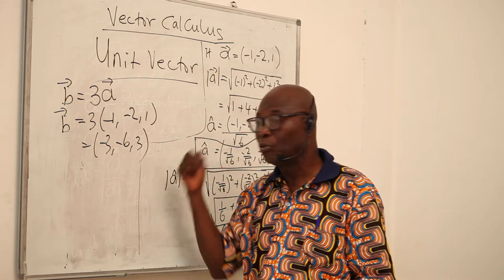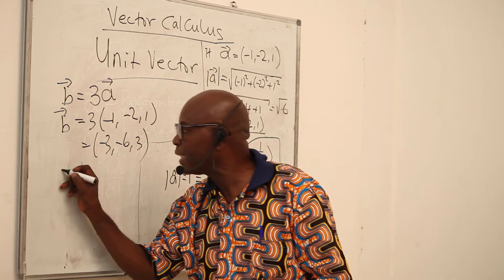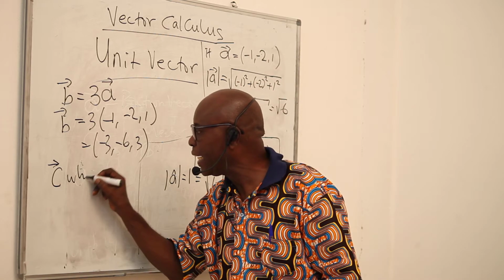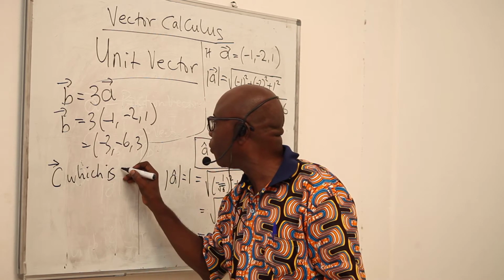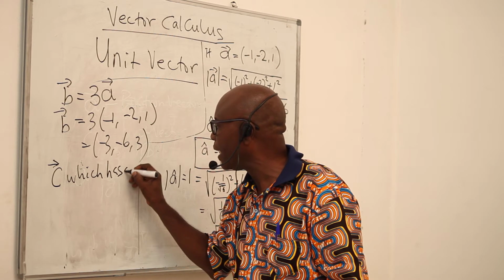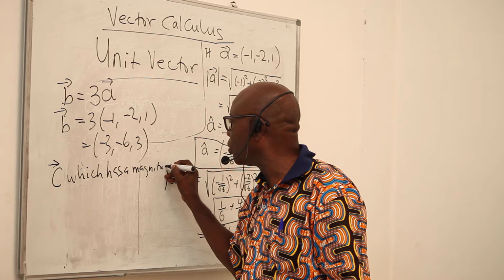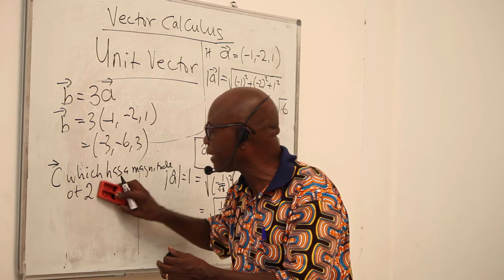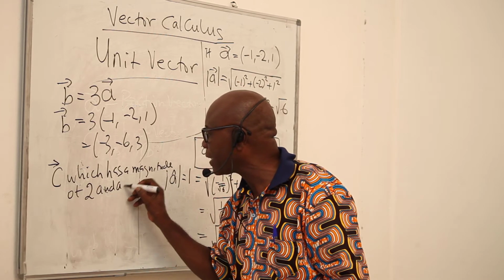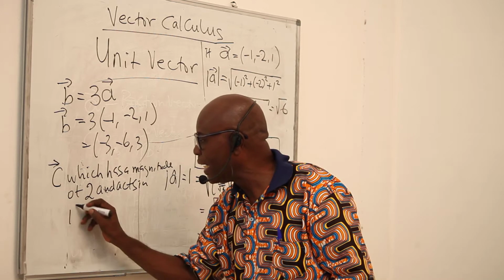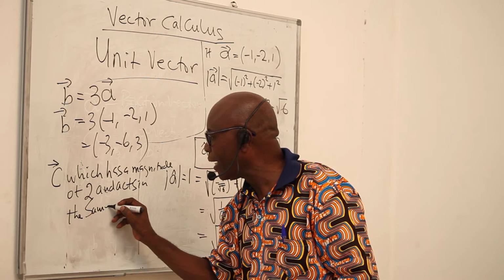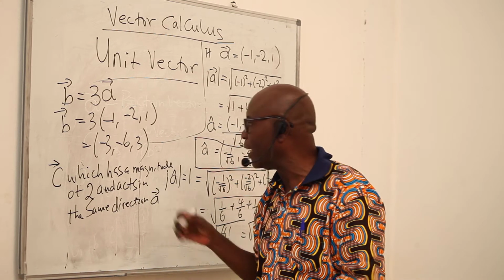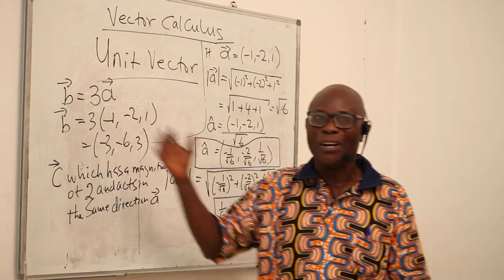But coming back to unit vectors, we can also create a vector C which has a magnitude of 2 and which acts in the same direction as vector A. So this scenario is different from this scenario.